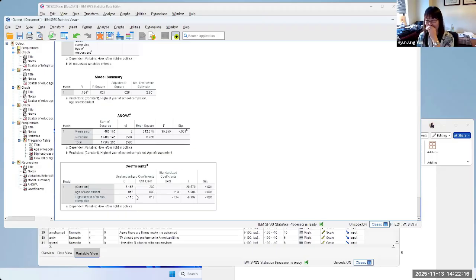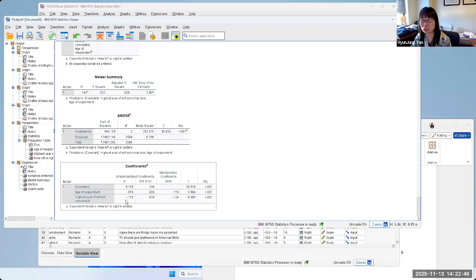Isn't that neat? What about education? Again, when you look at it, oh, it's negative. So that means the more educated you are, the less conservative, in other words, more liberal. So maybe in a way, the Trump administration argued that higher education makes people more liberal. Maybe true based on this analysis. So it is statistically significant, and you can go back to the B and slope and interpret it.